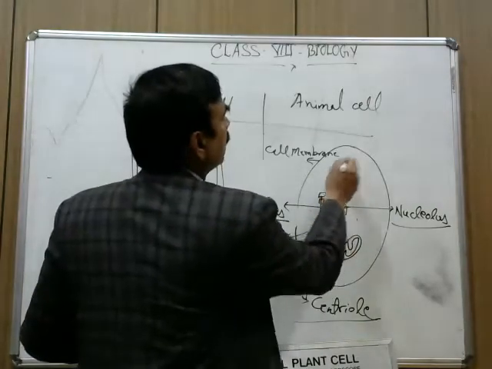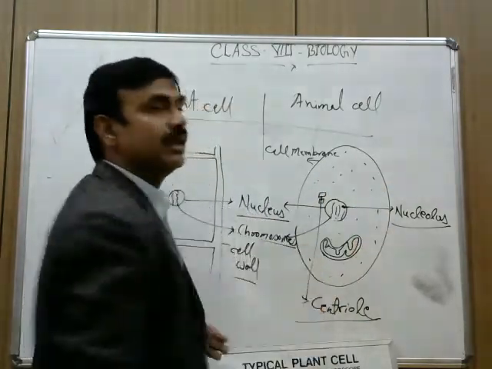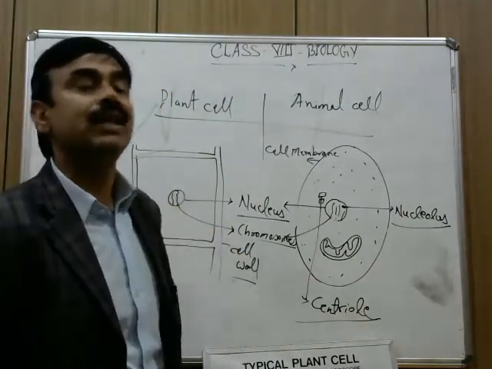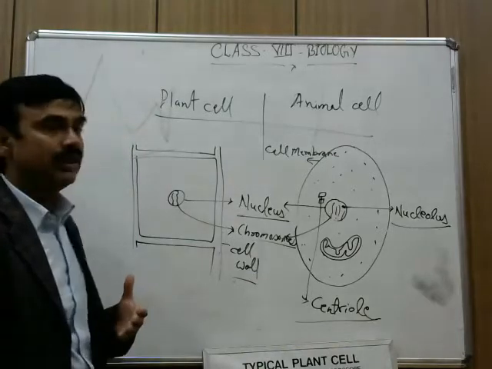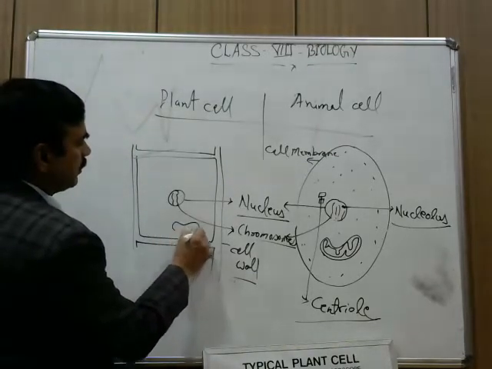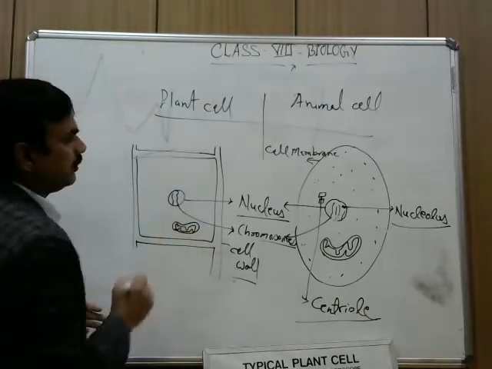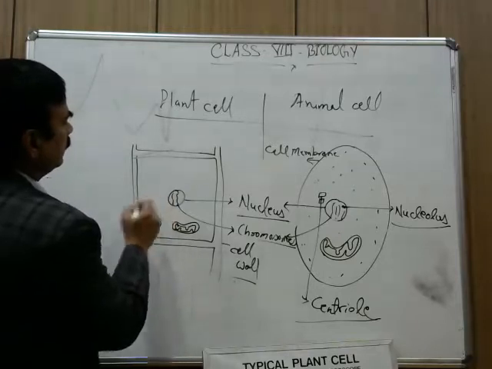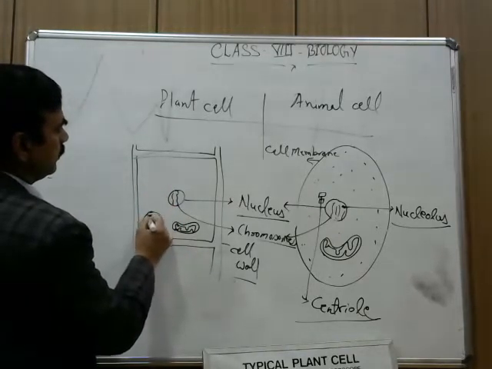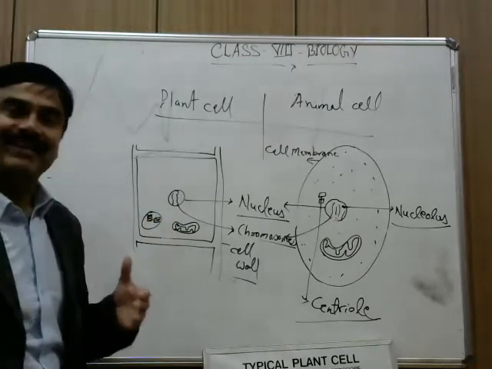So other cell organelles are also there. You have to draw, you have to recognize the Golgi complex, which helps in the packaging of different substances in the cell. It is present in both the plant cell and the animal cell. Like that, you have to also draw the structure of mitochondria. Okay, now the chloroplast, this is present in the plant.